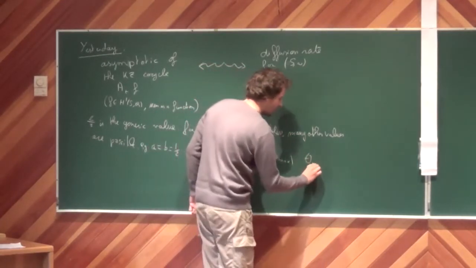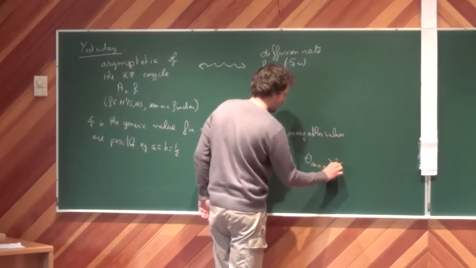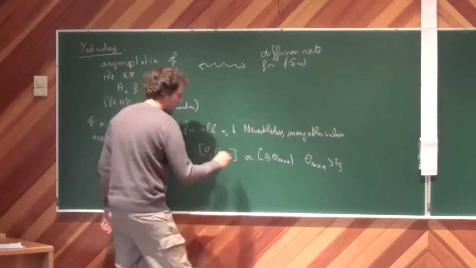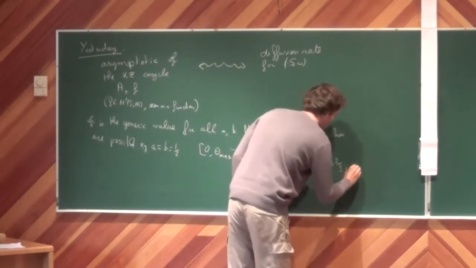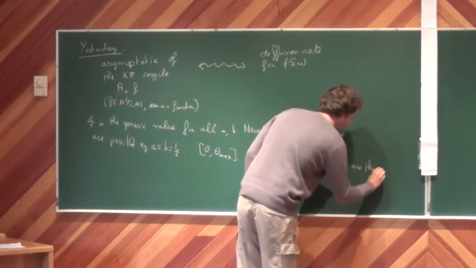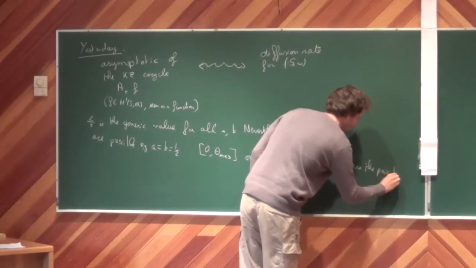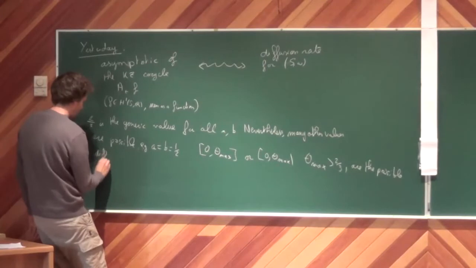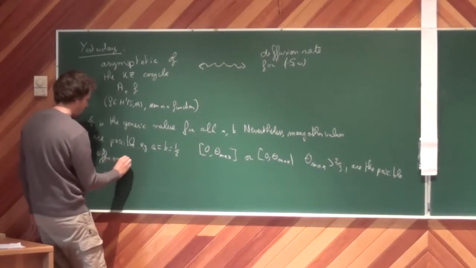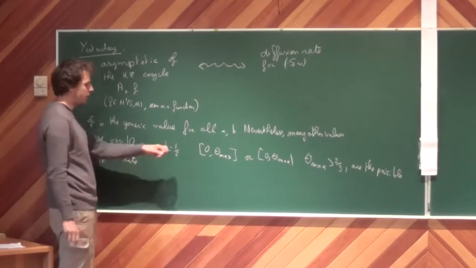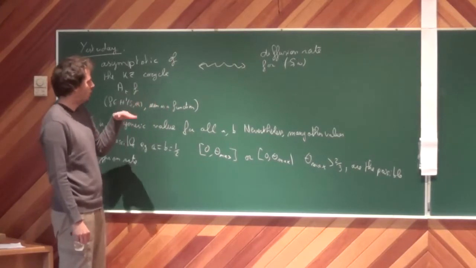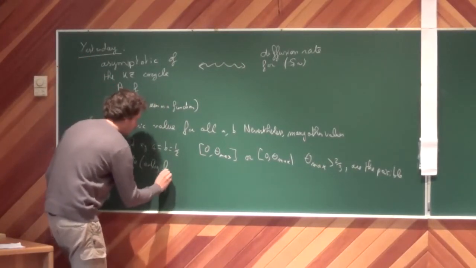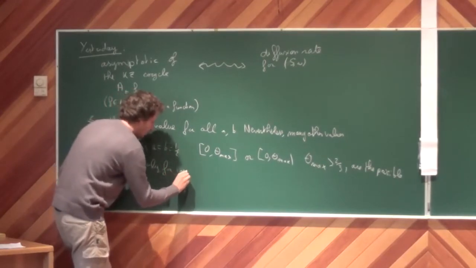Where theta max is strictly larger than theta. So these are the possible diffusion rates. When I say diffusion rate, it's only for rational or irrational angles.